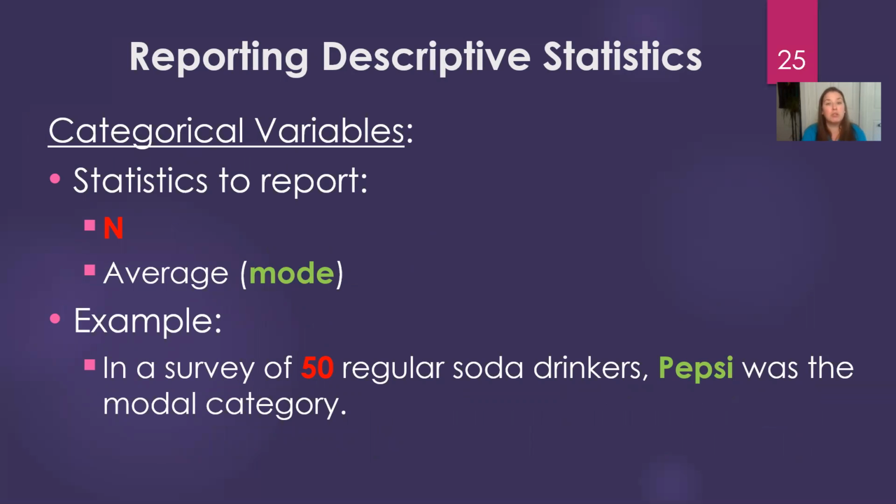Again, you report the number of cases as well as the most common category, which is the mode. So let's say we had a survey of soda drinkers and asked them what their favorite soda was, we would be able to say in a survey of 50 regular soda drinkers, that's our N, Pepsi was the modal category. So always, always, always use that same exact sentence format.